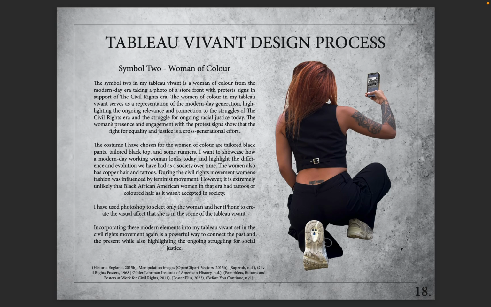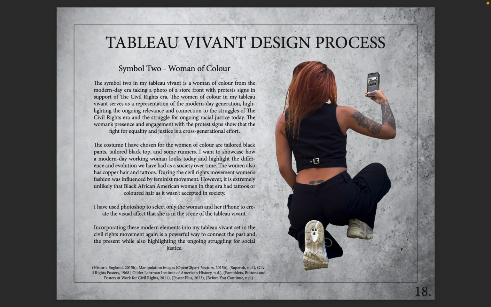During the civil rights movement, women's fashion was influenced by the feminist movement. However, it is extremely unlikely that a Black African American woman in that era had tattoos or colored hair, as it wasn't accepted in society.